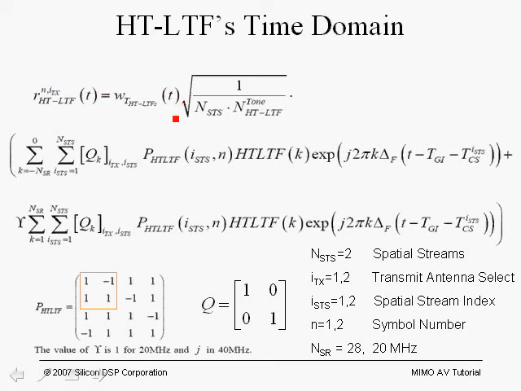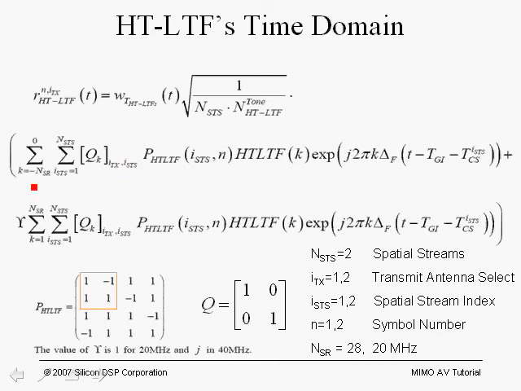W of t is a weighting function. We'll ignore that. These are all constants because they're given the number of spatial streams and the number of tones, etc. Let's ignore that.